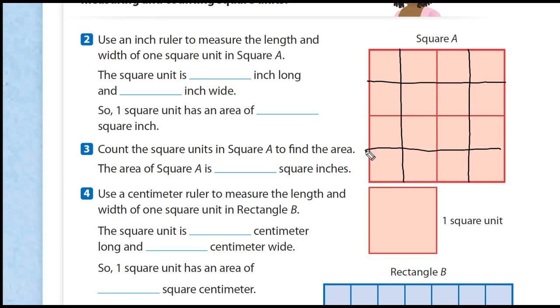Now, what's the area for this? 16. Well, I have 1, 2, 3, 4 rows with 1, 2, 3, 4 in each row. 4 times 4 is 16.